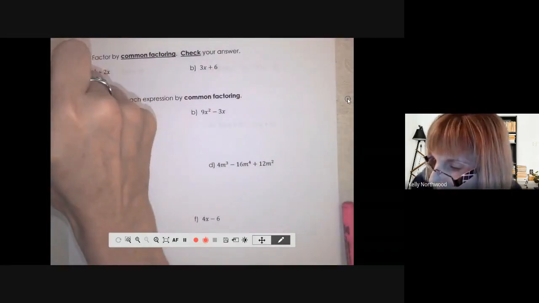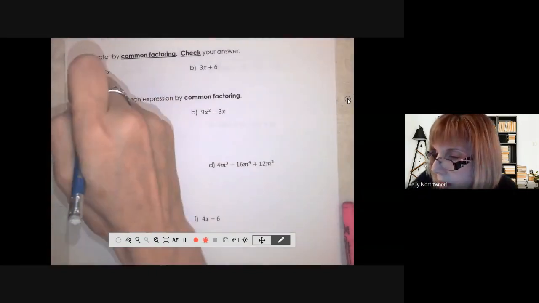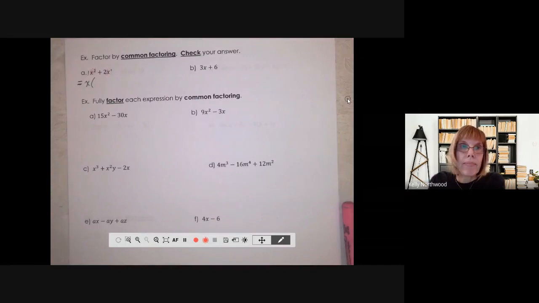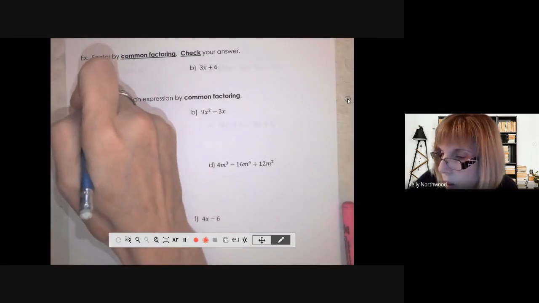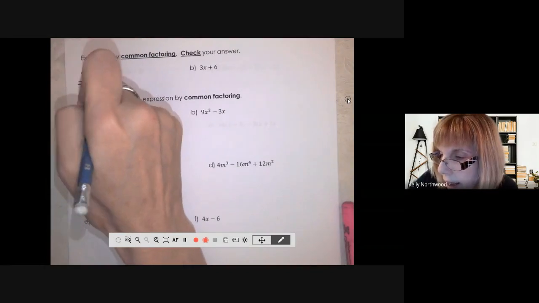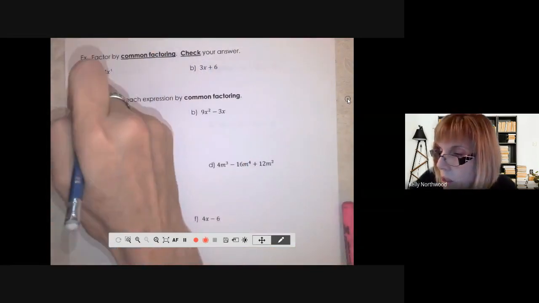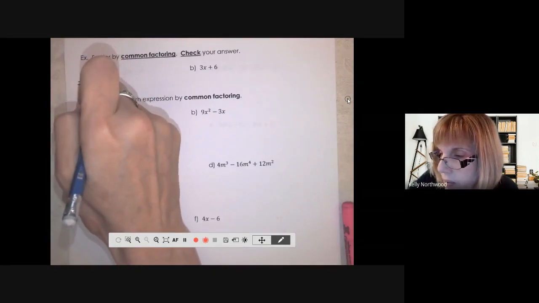So there's going to be an x in the common factor. And then the smallest exponent is just the 1. So what do I multiply x by to get 1x squared? X. And then what do I multiply x by to get positive 2x? Positive 2.